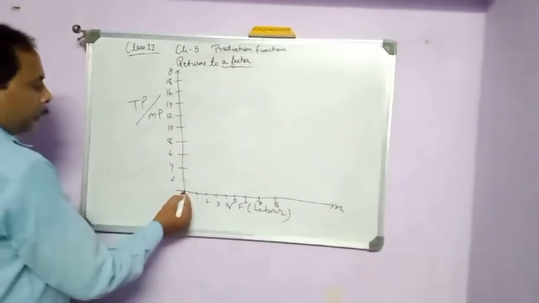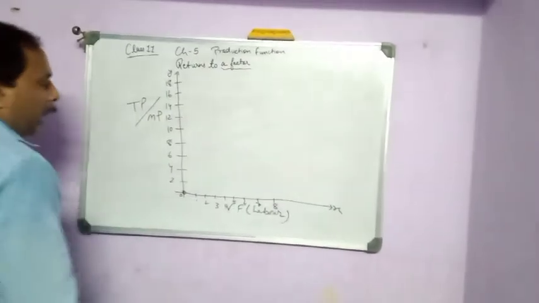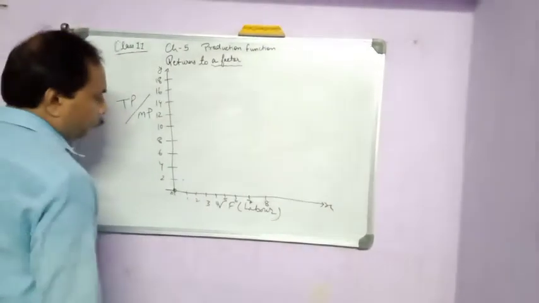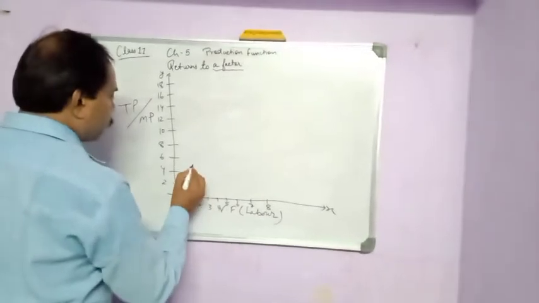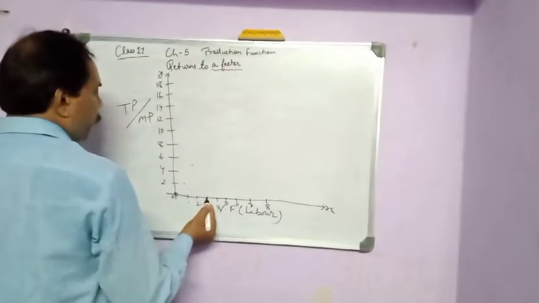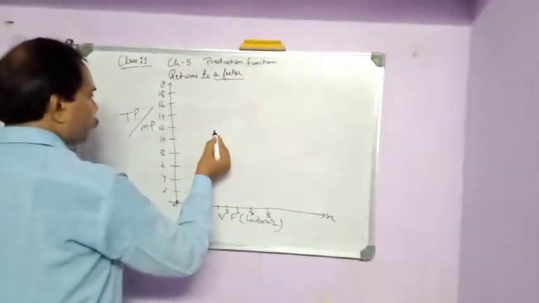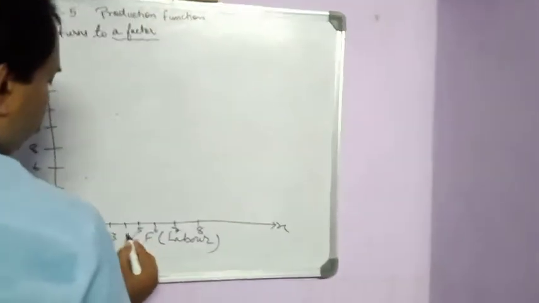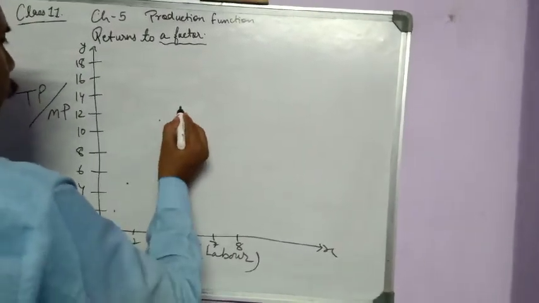As a result, total production will start from 0. And when we apply one laborer, suppose our total production is 2. When we apply two laborers, our total production is suppose 5. Next, when we apply the third laborer, our total production is 12. Okay, when we apply the fourth laborer, our total production is 14.